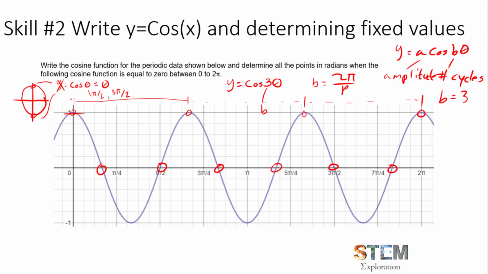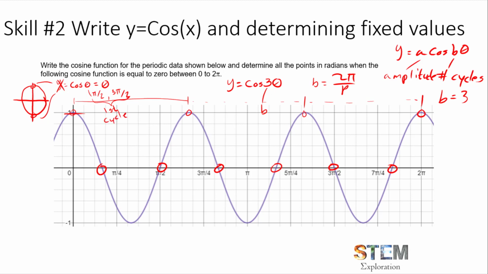But that's only the first time you go around the circle. So remember, since we have 3 complete cycles, we want to find all the possible values of a normal cosine of theta that would be represented if we kept going around the circle over and over again. This only represents the first cycle of the unit circle.